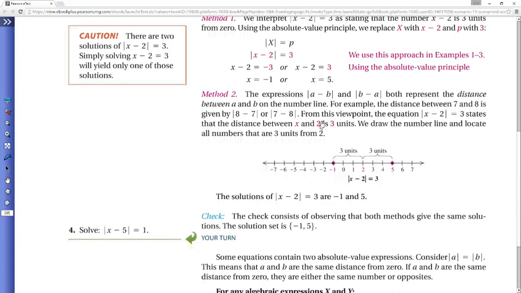So from this viewpoint, the equation absolute value of x minus 2 equals 3 states the distance between x and 2 is 3 units. Okay? We can draw a number line and locate the 3 units from 2. So I could go in here at 2 and say, well, 3 units from here is negative 1 to the left, and 3 units is 5 here.